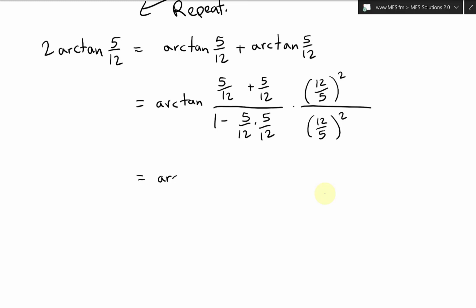This equals arctan of, and then this will cancel one time, and because we're doing this, we'll cancel out, we're just left with this by itself, so 12 over 5, the exact same setup as before.